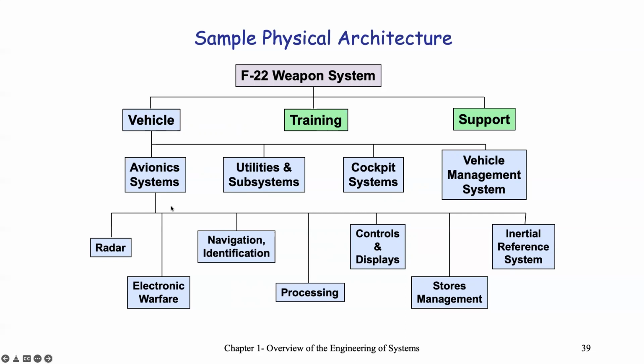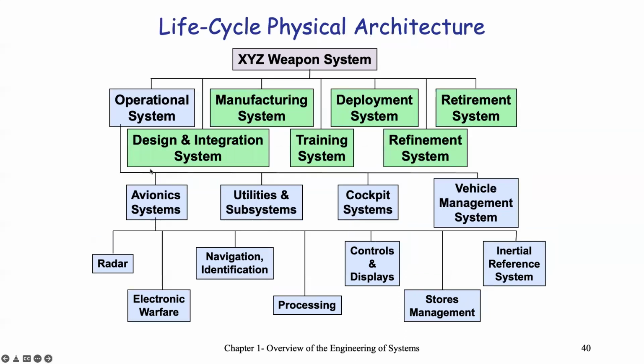And yet again, we go much more in detail with the avionics versus the other things. So it's not necessarily saying that these things don't have more definitions, but for now, we're just focusing on the vehicle and then mostly on the avionics system with this type of a view.